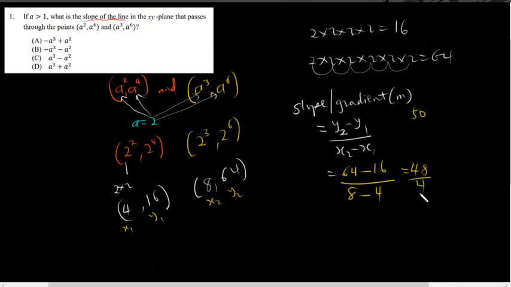Then you divide it by 4, and 4 into 4, 1, 4 into 8, you have 12. So 4 goes into 48, 12. Let me check it and see. If I put 2 here, am I doing the right thing? I'm getting the slope here to be 12.